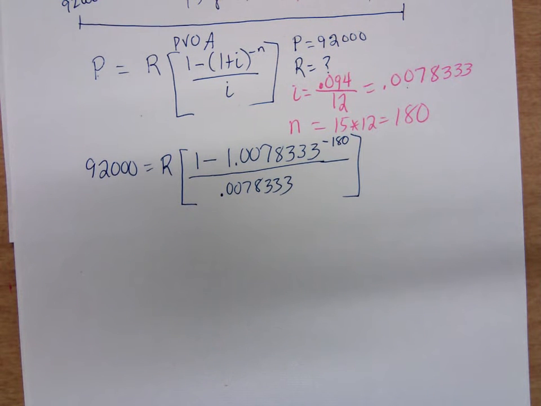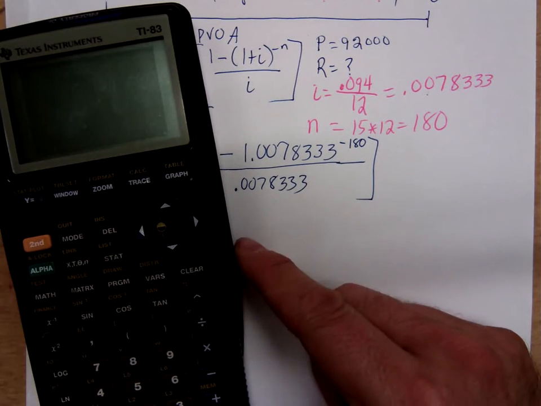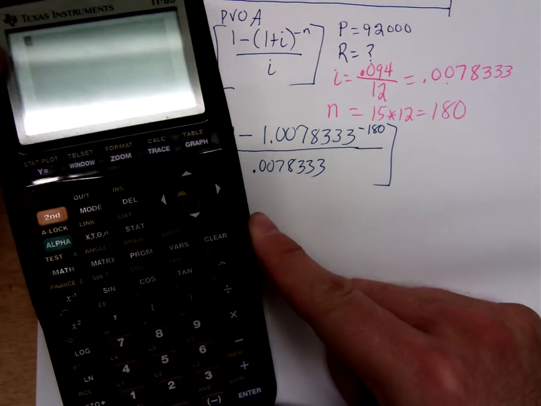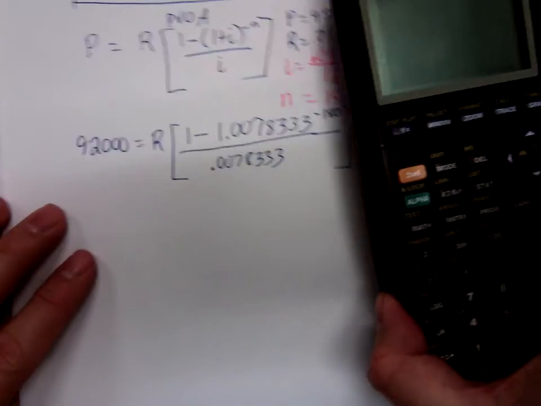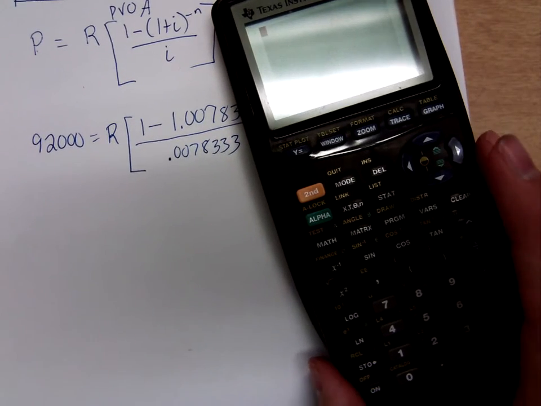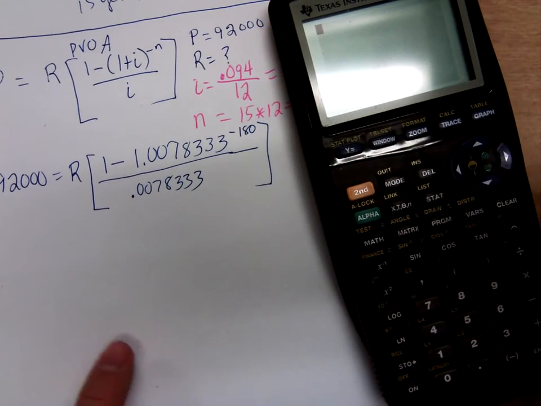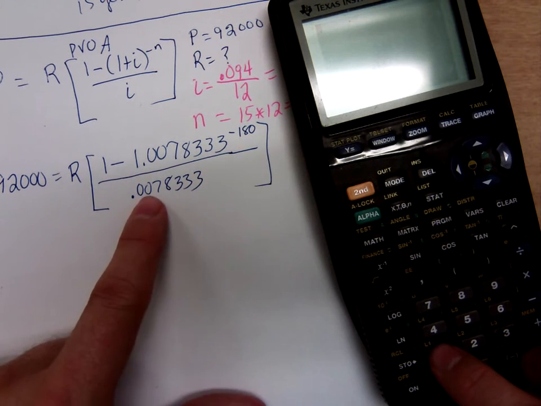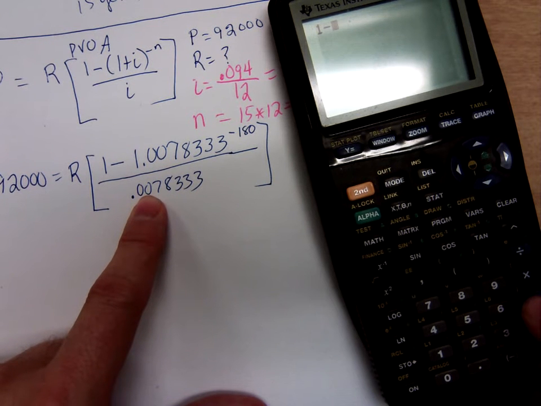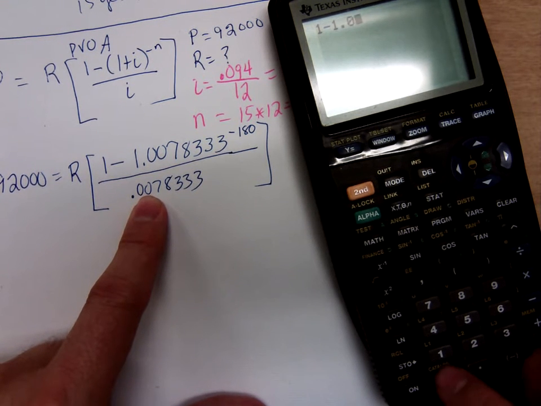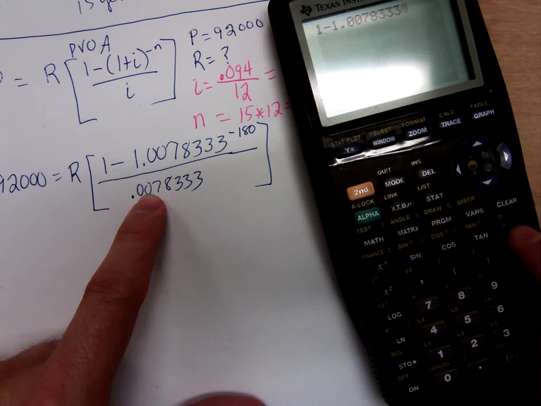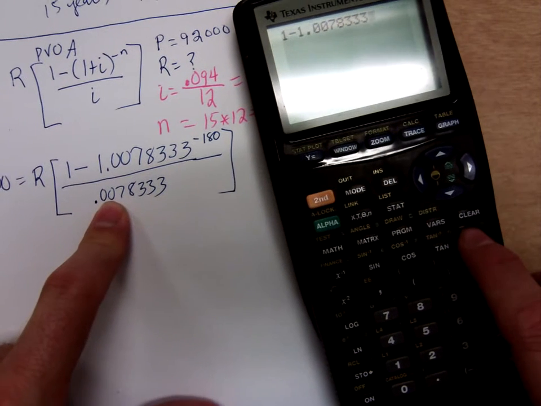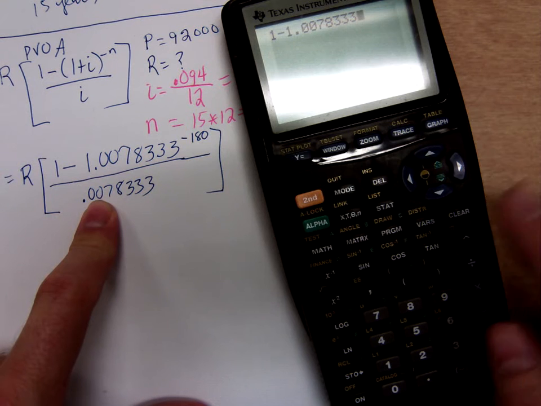Let me see, sometimes over here works better. Okay, I'm punching in the bracket number. I'm going to do the top, hit enter to get an answer, and then divide it by the bottom. 1 minus 1.0078333. Do I remember how to raise those exponents? It's a little carrot top. Raised to the negative 180.